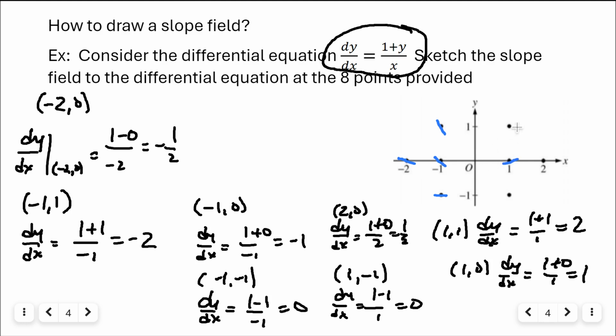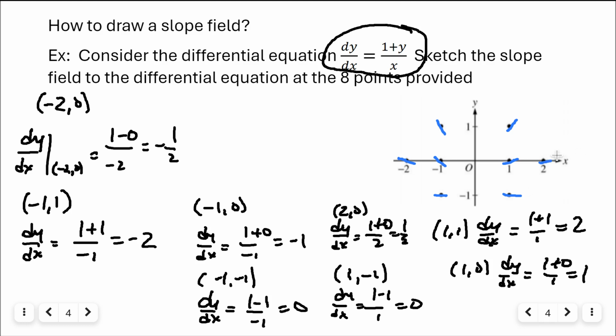It's not going to be perfect. At (1, -1), it's 0. And then we're going to have a slope of 2, and then a slope of 1/2. And there's our slope field.